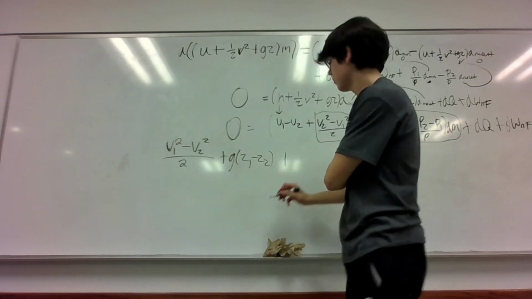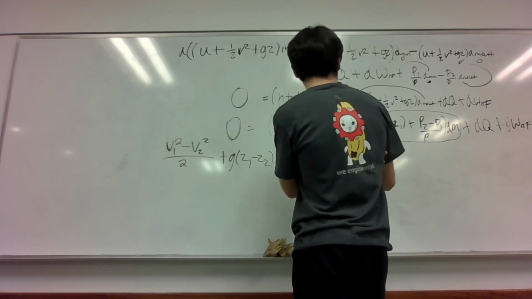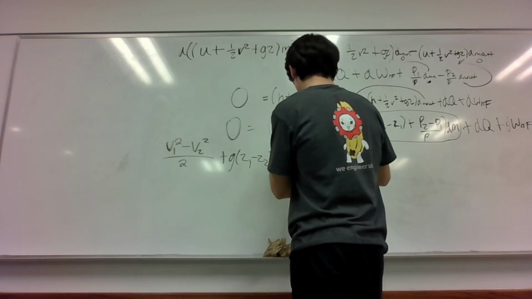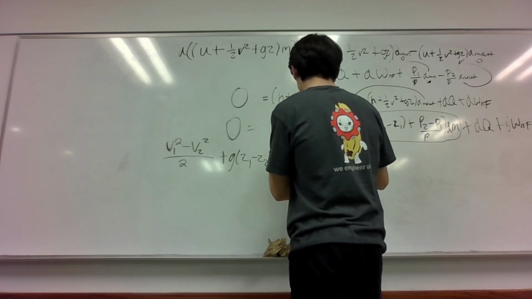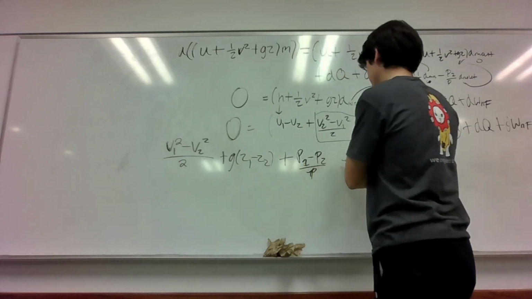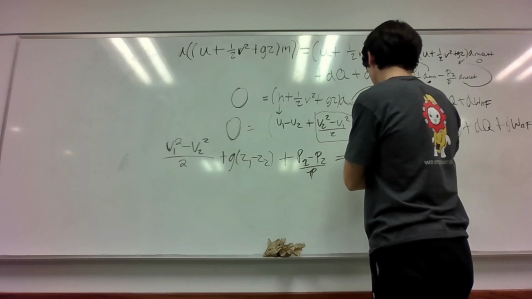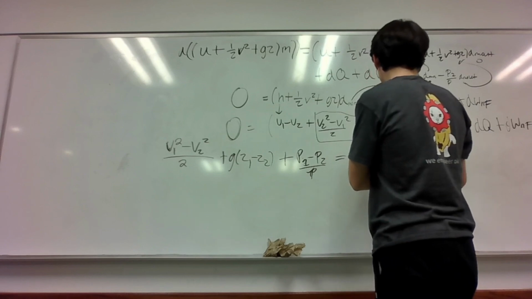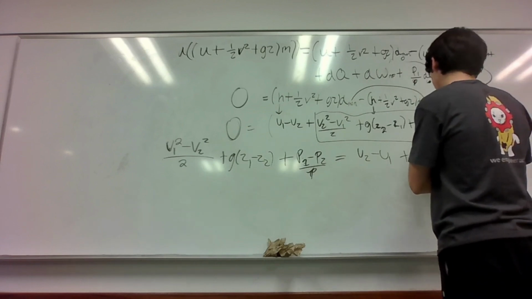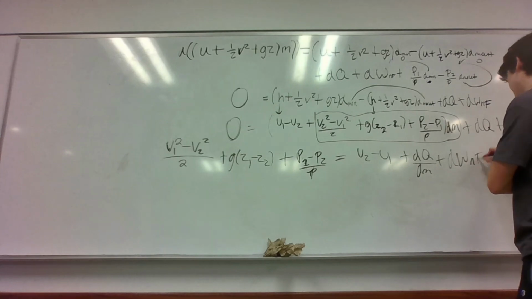plus P1 minus P2 over density is equal to U2 minus U1 plus dQ over the differential amount of mass plus dWnf.